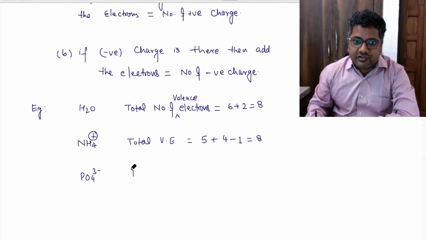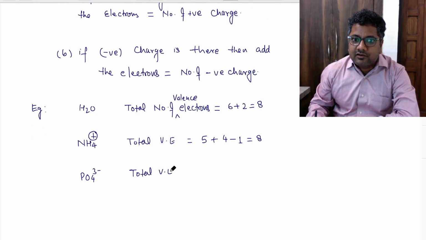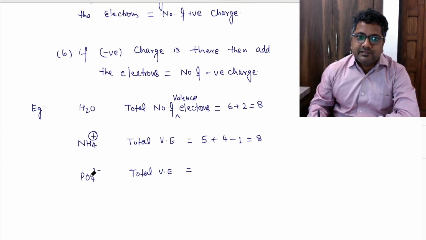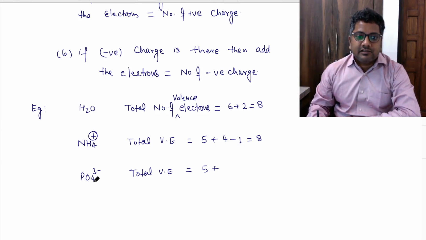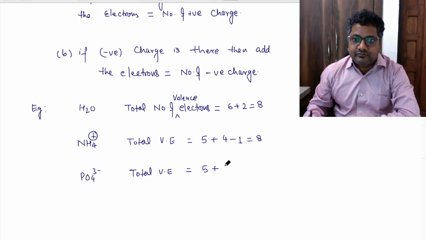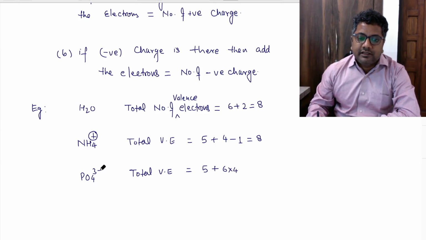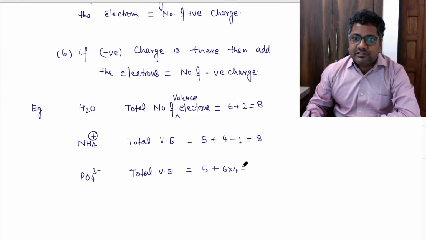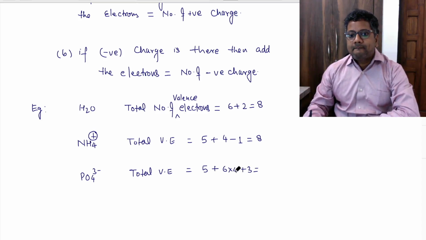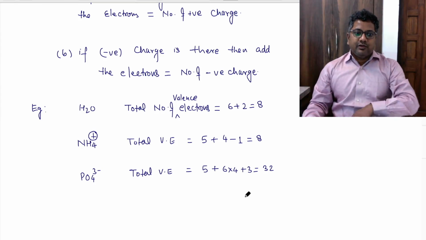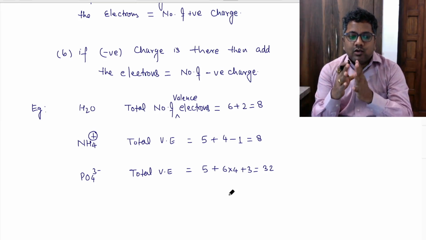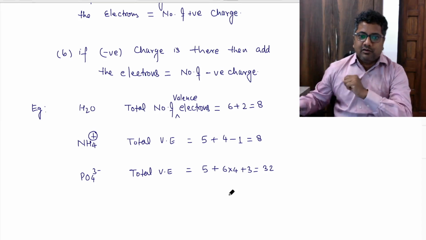Okay, right. So for the total valence electrons here, see in phosphorus how many electrons in the valence shell? From the electronic configuration all of you know there are 5, plus oxygen has 6 valence electrons, so 6 into 4, and 3 negative charges are there, so plus 3. So the total is 32 electrons, right? In this way you can calculate the total valence electrons present in the molecule.